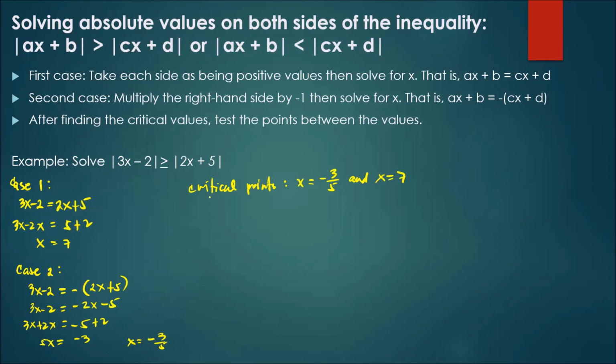Okay, so let us graph that on a number line. If this is 0 and this is negative 1, then negative 3/5 would fall somewhere here, right?